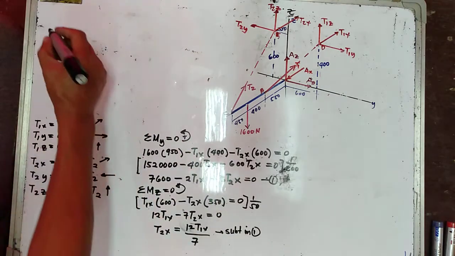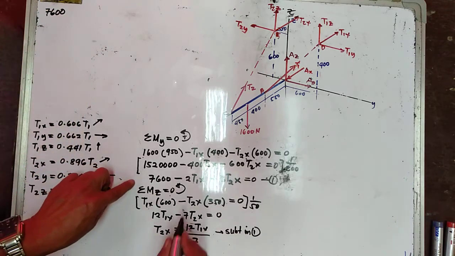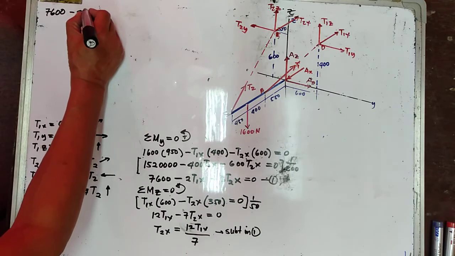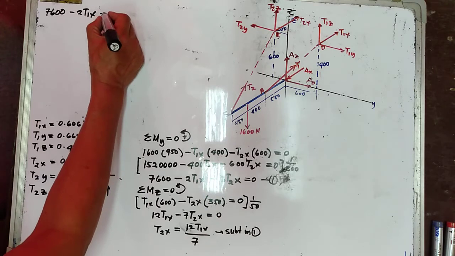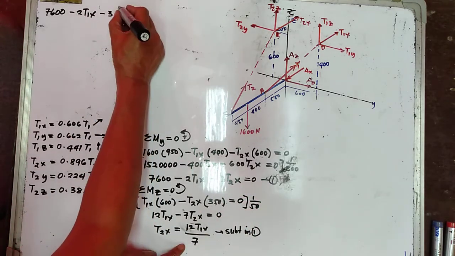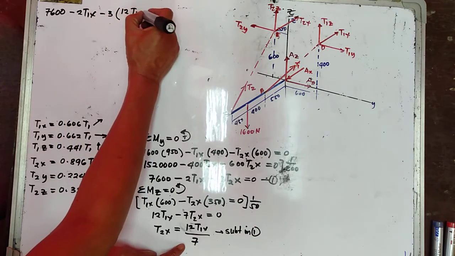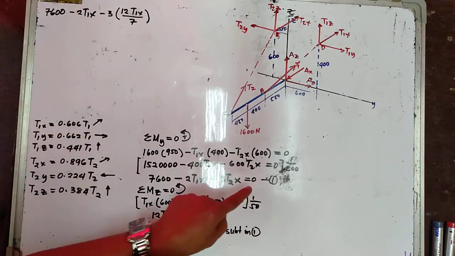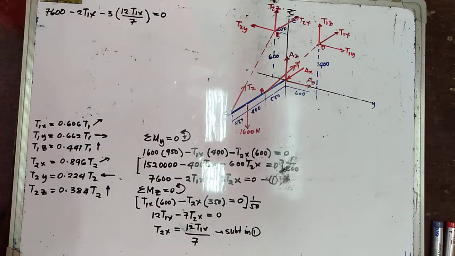We now have 7600 minus 2T1X minus 3 times T2X, which is 12 T1X all over 7, and that one is now equal to 0.